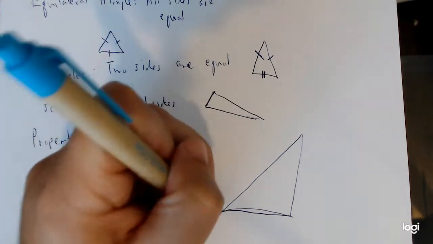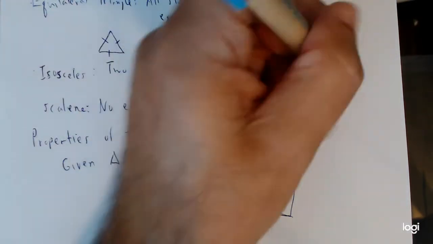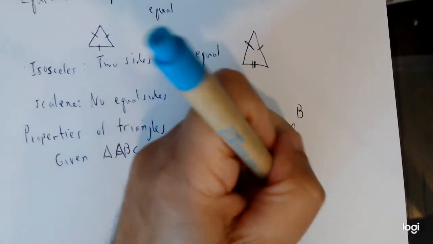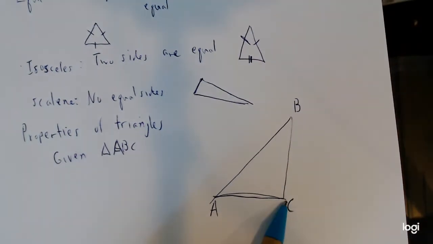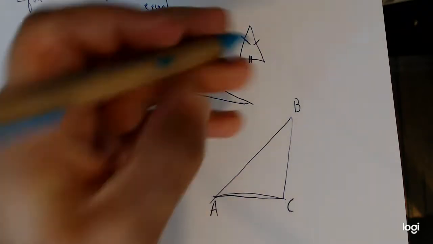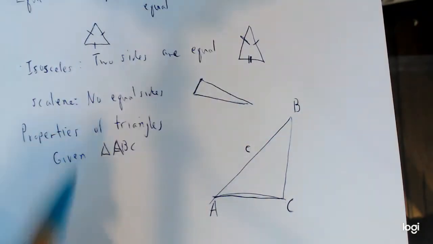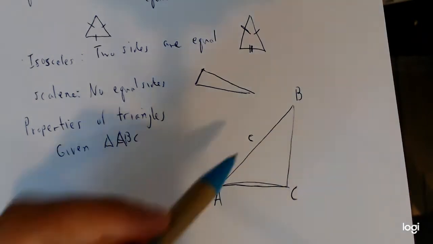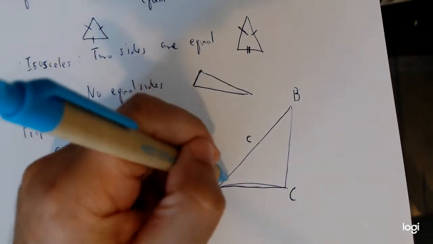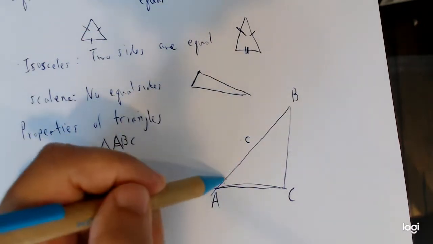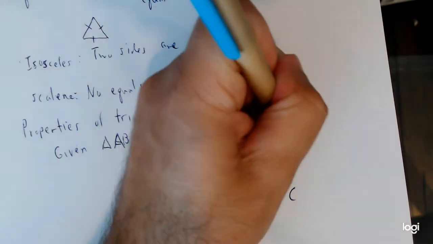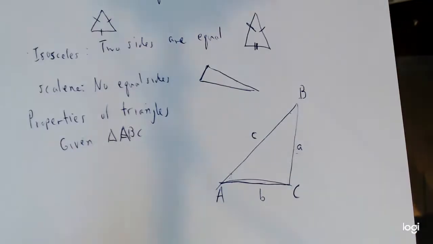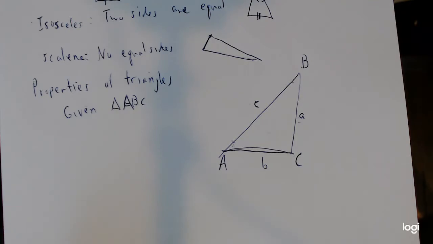Let's call this triangle A, B, and C. Usually the way we label the sides, if this is angle C, the side opposite angle C is side C. Angles are usually labeled with capital letters, sides with lowercase letters. So if this is angle A, side A is always identified opposite of angle A. If that's angle B, this is side B. That's usually how we label our triangles.